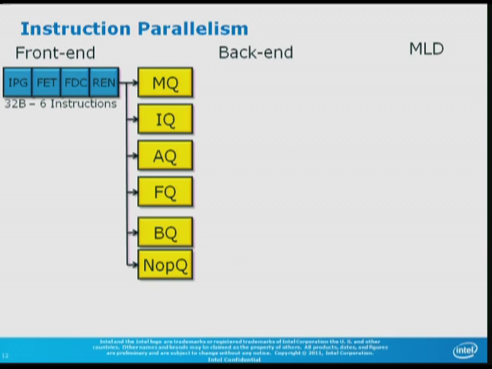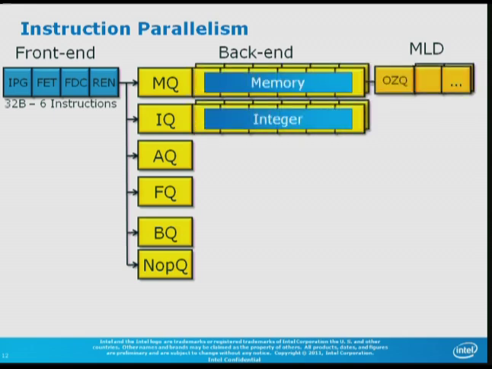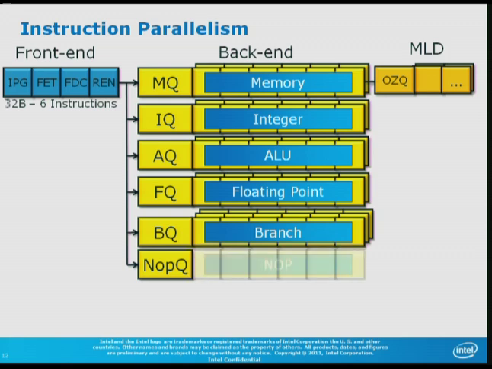The backend will read instructions out of these queues and then feed them into 6 different execution pipelines. So every cycle, we can execute 2 memory instructions, 2 integer instructions, 2 ALU instructions, 2 floating point instructions, 3 branch instructions, and a no-op.